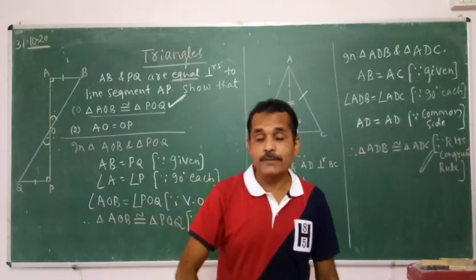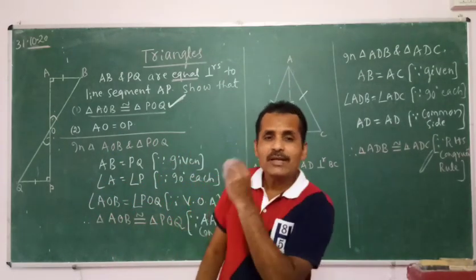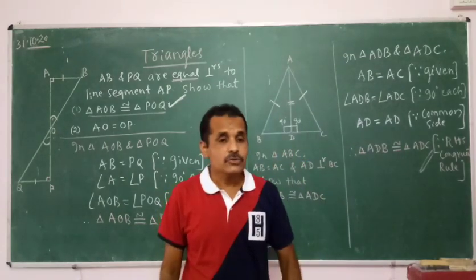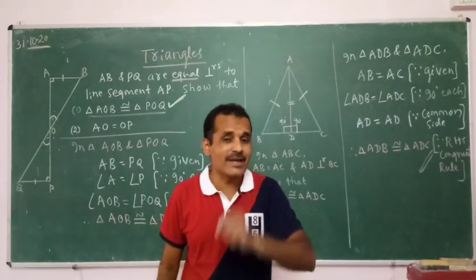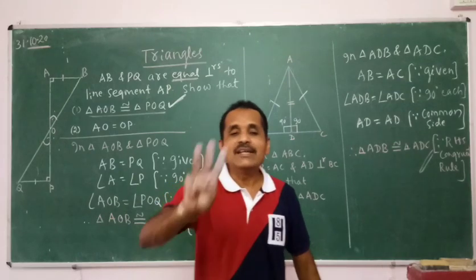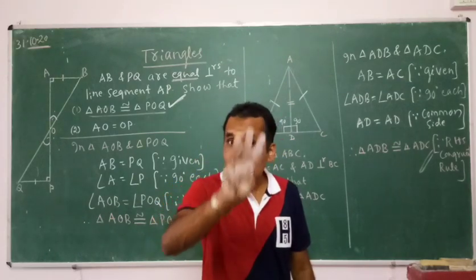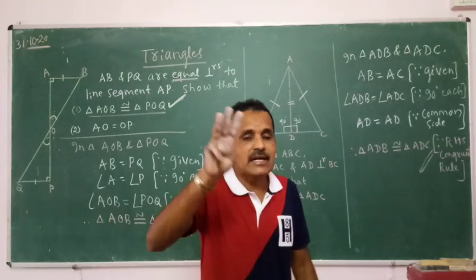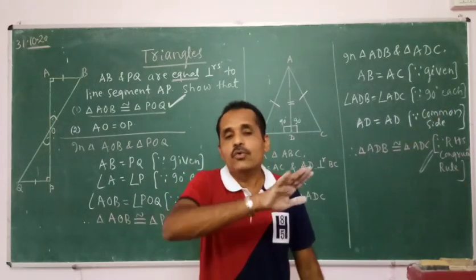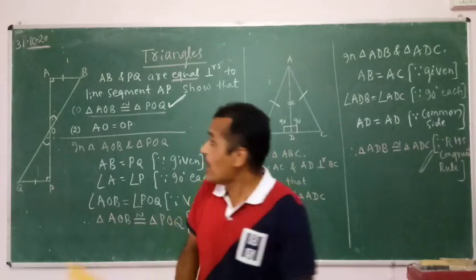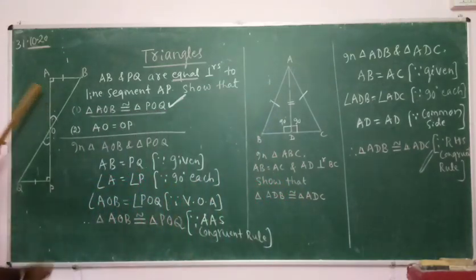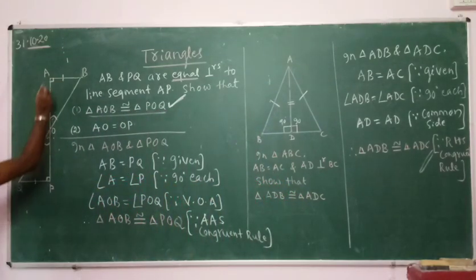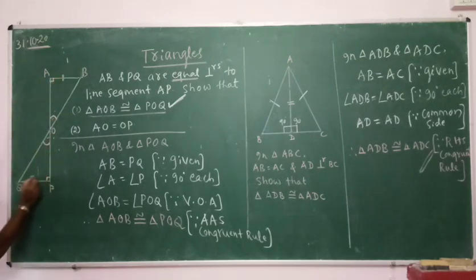Listen very carefully. Unless you show three equal things in both the triangles, you can't prove the triangles are congruent. Now I have proved it with the help of these three things from here and these three things from here.